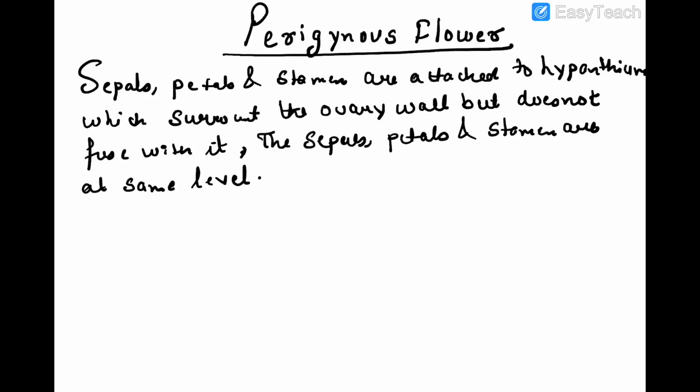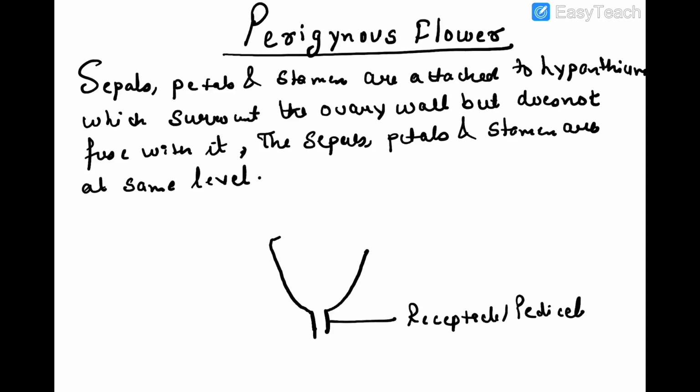Let us understand this with the help of a diagram. If this is the receptacle or the stalk or the pedicel, then the elongation of this pedicel is known as the hypanthium. So this is the hypanthium, which I am coloring in red, the elongation of the pedicel or the stalk or the receptacle.